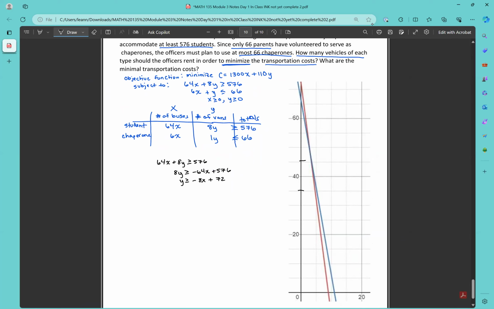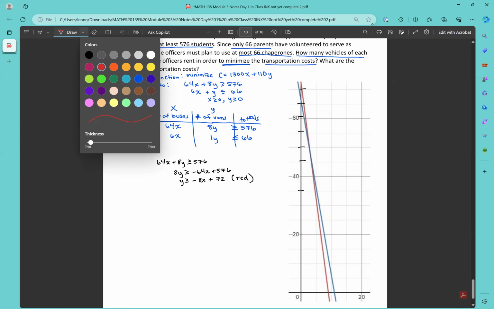So I'm just counting up 45, 50, 55, 60, 65, 70. And it looks like we crossed just a little bit above that. So the red line looks like it's this one. That's, remember, going to help us knowing how to shade. So we think this one is the red line. Make sure it actually switches to red.